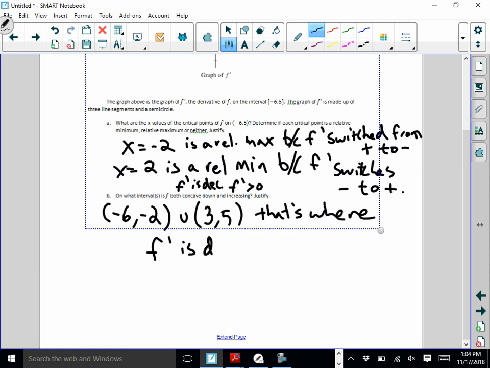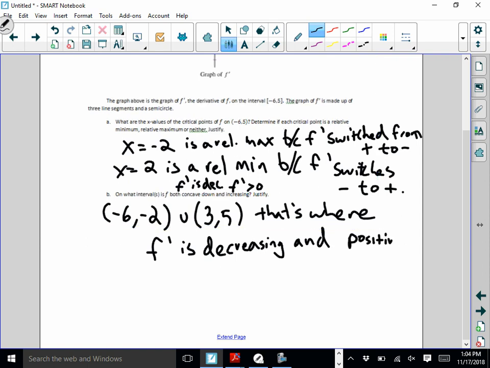They asked about concave down first, then increasing. So I'll give my concave down definition first, then my increasing second. Because that's where f prime is decreasing and positive. Or you can say that's where f prime is decreasing and f prime is greater than 0.